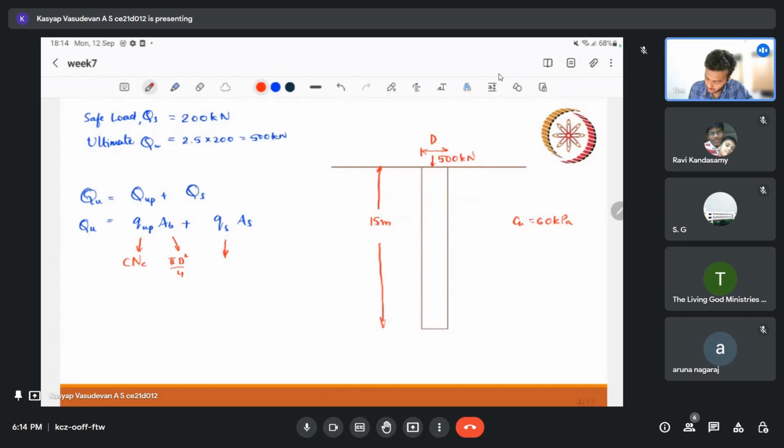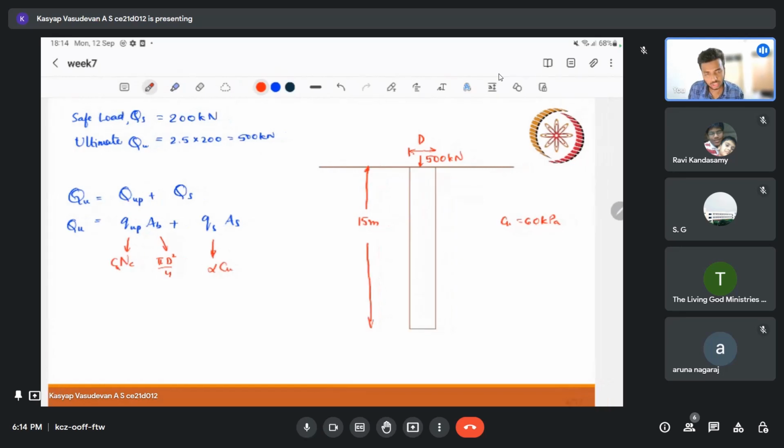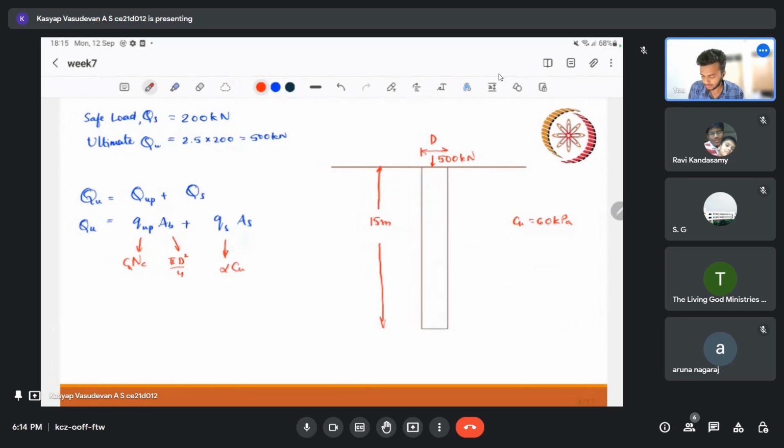So we have an adhesion factor, that is alpha, which is a coefficient for our cohesion, and we have As. As is the shearing area, that is nothing but the perimeter of the pile into the length of the pile. So it is nothing but pi d, which is the perimeter, into length. Okay, so it's quite straightforward.